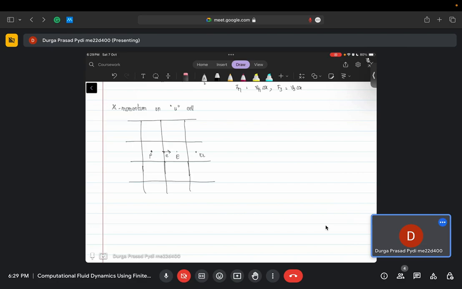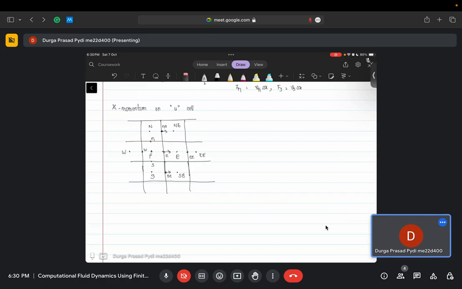This is my east east, say it is my little e. So this is my north face, south face, west face, west cell centroid. Now this I am calling northeast, and similarly here you will have the south face, and this I am calling southeast. So these are the notations we will be following.